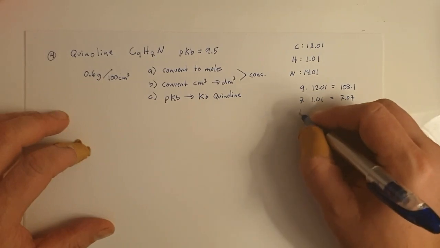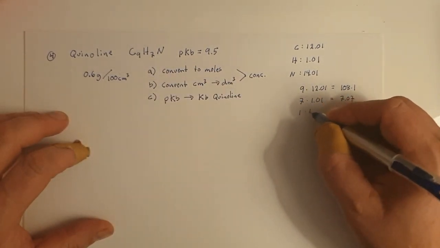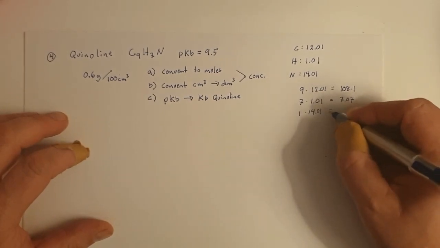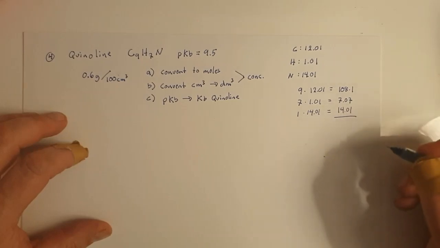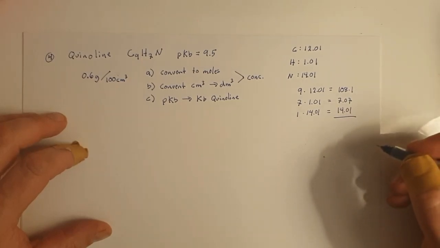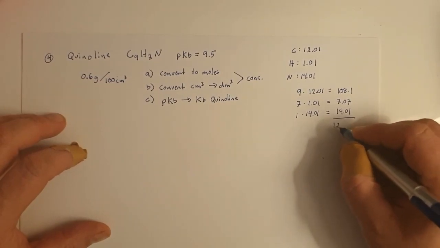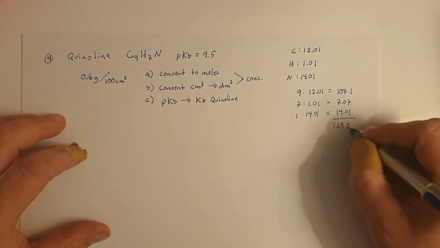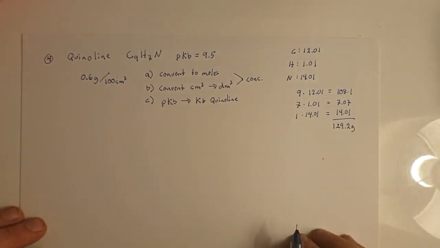And then we have 1 nitrogen, equal to 14.01. That gives us a total molecular mass of 129.2 grams. That is the molar mass of this particular substance.